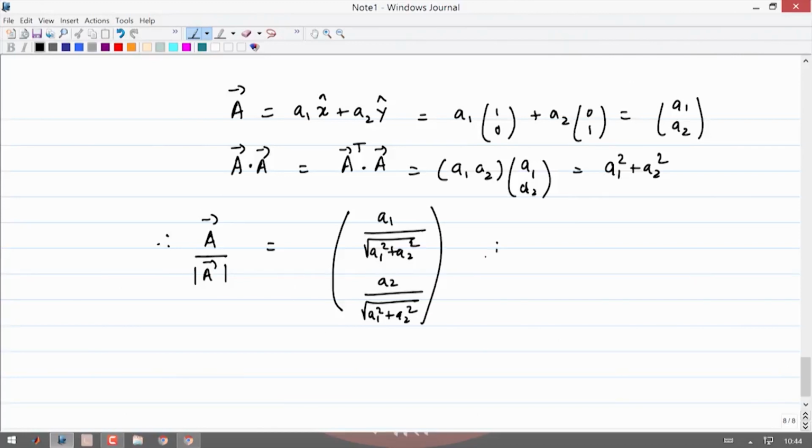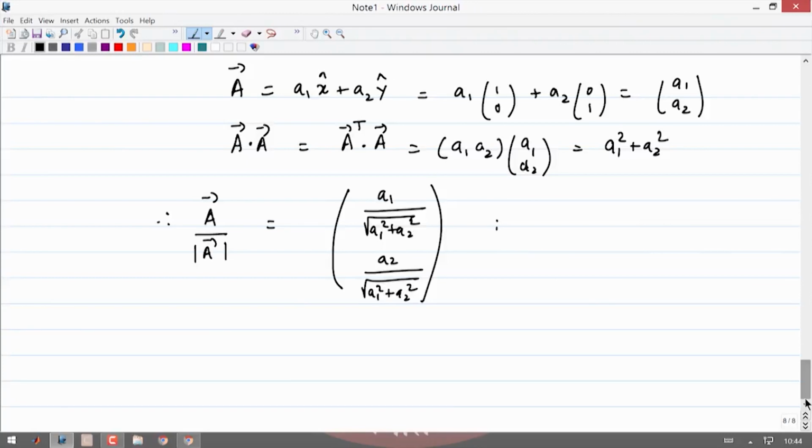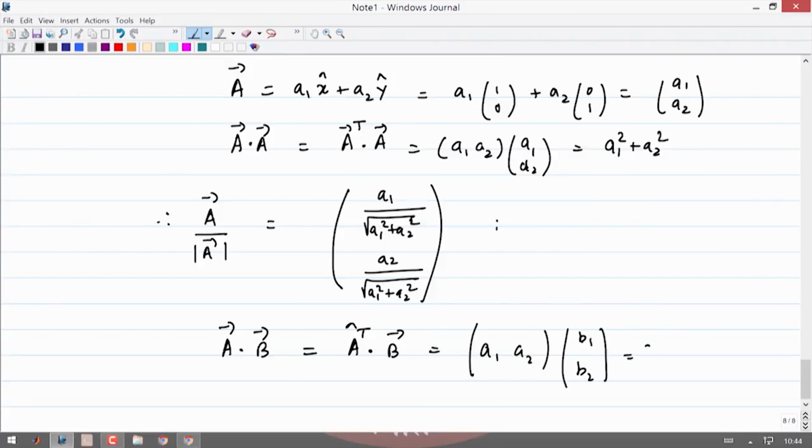So, what is a scalar product between two vectors A and B? Again, the left hand vector is to be written as a transpose, which is a row vector, and the right hand vector remains as is.